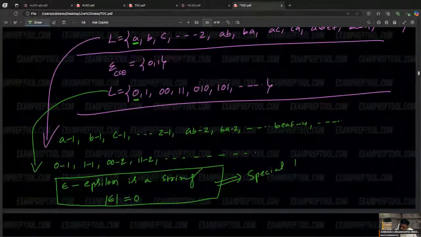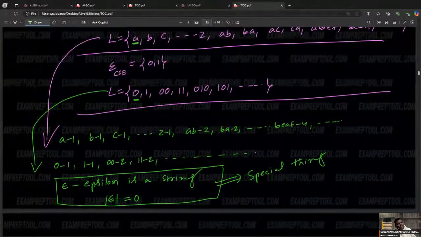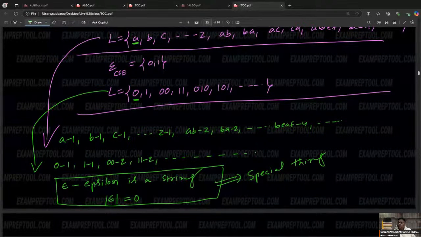For some things you cannot give reasons. If you watch movies, some people will say, sir, it is logically not possible, practically not possible. So to make the TOC subject survive, they kept one string, epsilon.